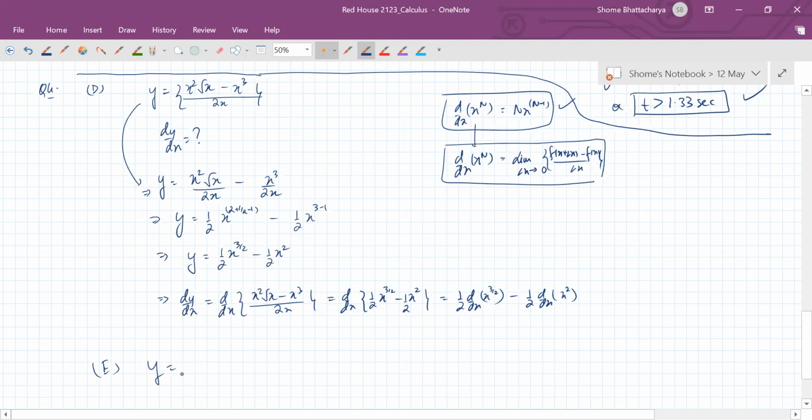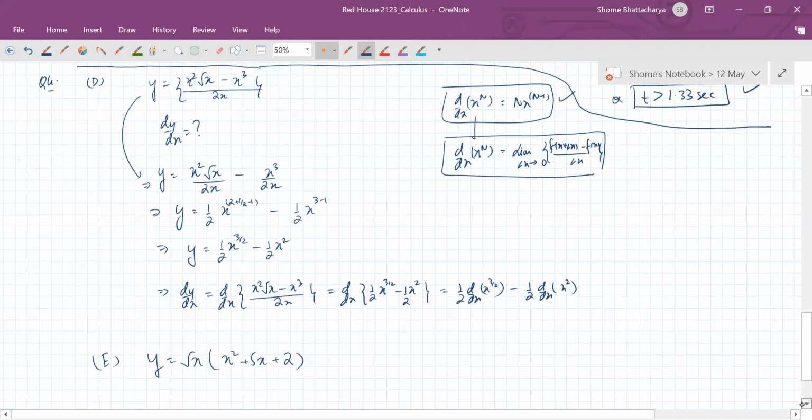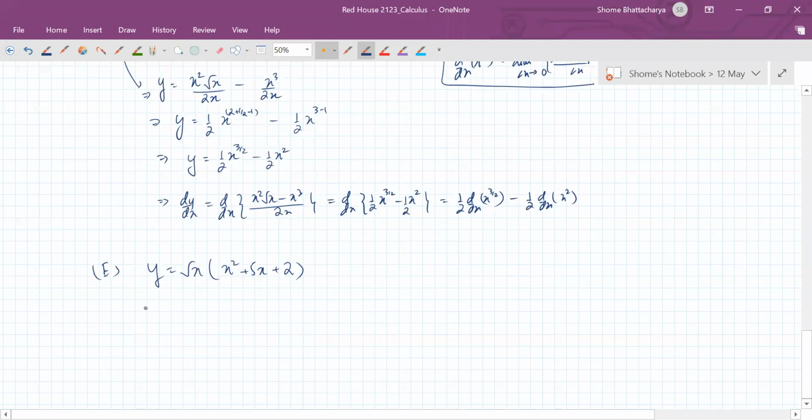So in this, y is square root of x into x square plus 5x plus 2. So what we will do is first simplify this by taking square root inside the bracket. Okay.